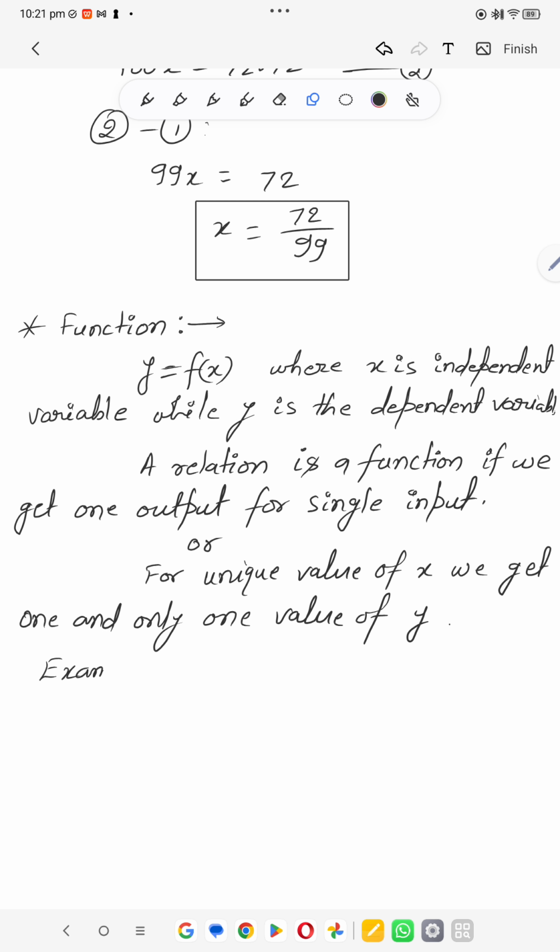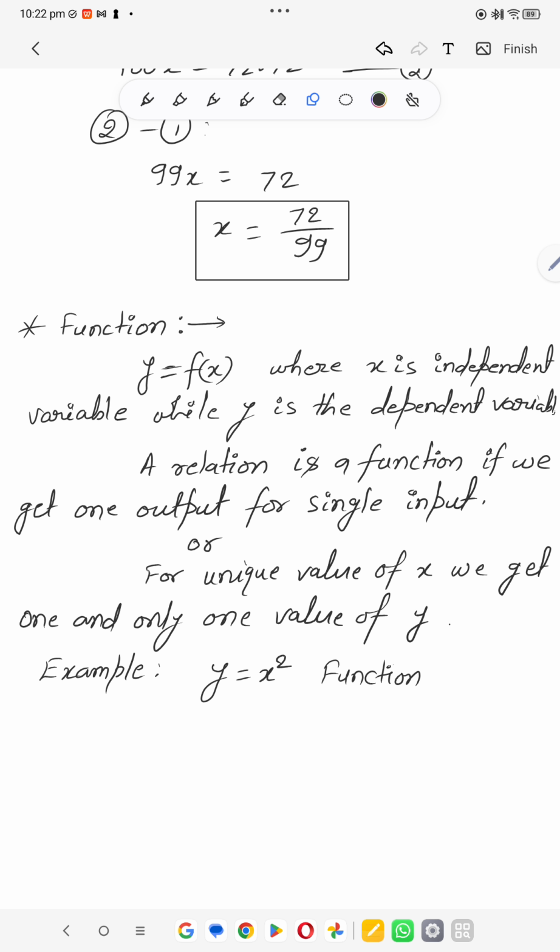For example, we can say that y equals x square is your function, because for any value of x we will get a single output y.